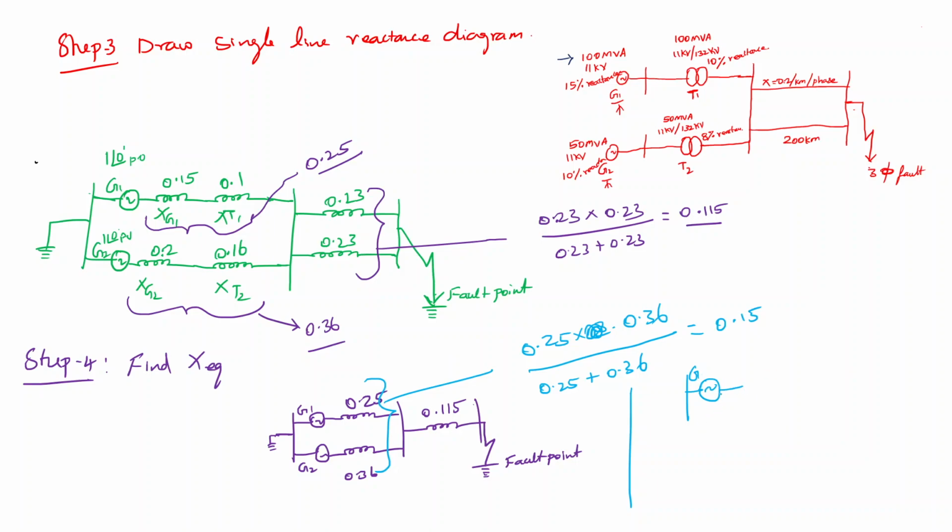The two generators are merged into one generator because all the values are the same at every point. In the first class itself we said that the fault current is very high, so there is no load. If there is no load, then all the generators will have the maximum value without any voltage drop, right?